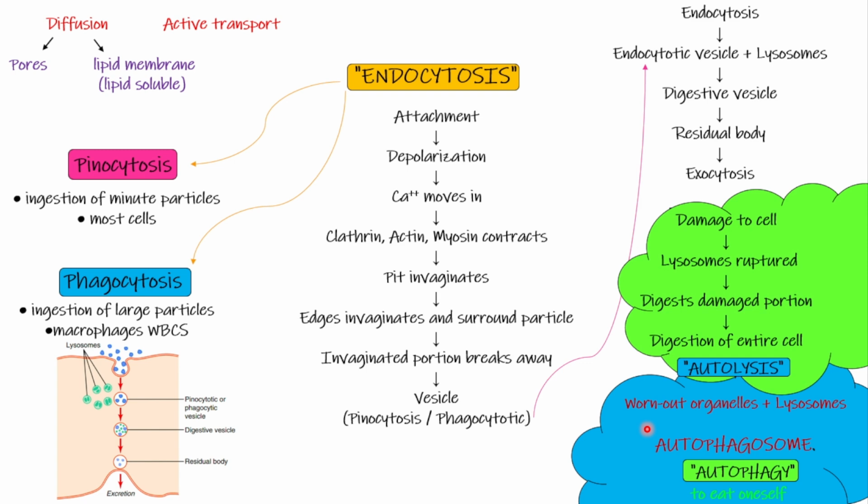So the rest of the cell is safe from the lysosomal enzymes, just the worn out organelle is being digested. So this was the autophagosome, and this whole process is autophagy, which is to eat oneself.